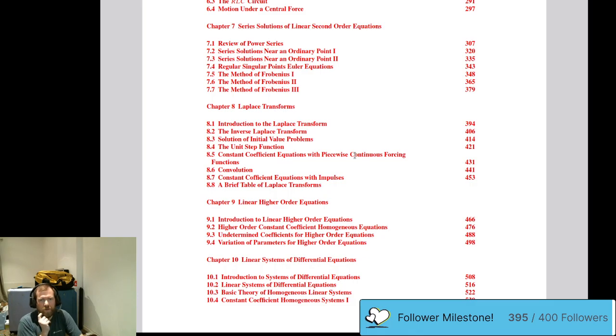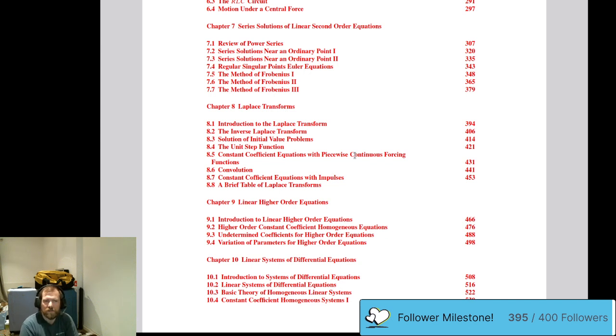Now this is also one of the age-old questions. Do we do Laplace transforms or do we do series first? I think our tendency in my classes has always been to teach power series first. Nope, sorry. To teach Laplace transform first and then power series.